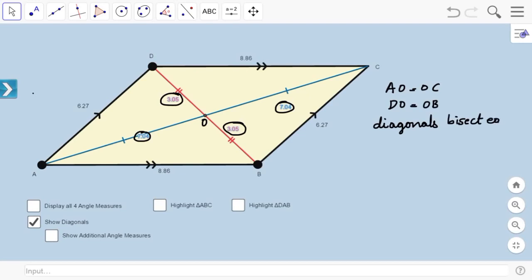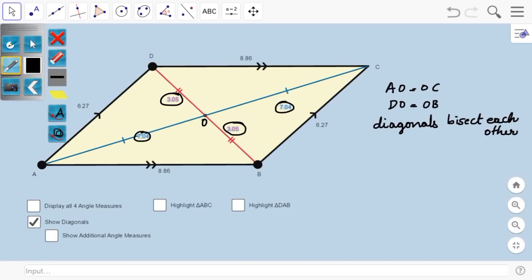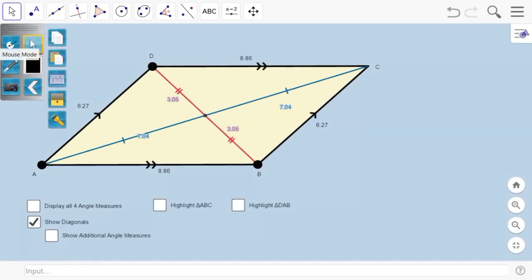Diagonals divided into two equal parts. AC is divided into two equal parts and BD is divided into two equal parts. So diagonals bisect each other. This is important property of parallelogram. One diagonal bisects the other diagonal.